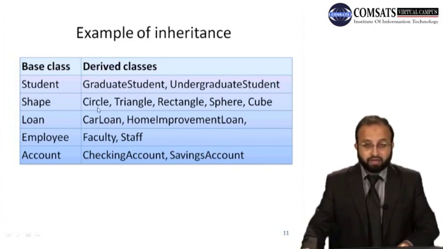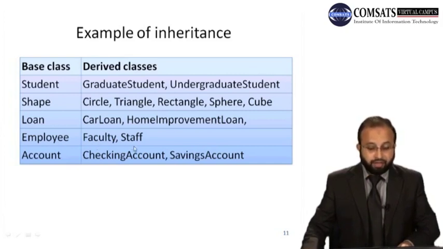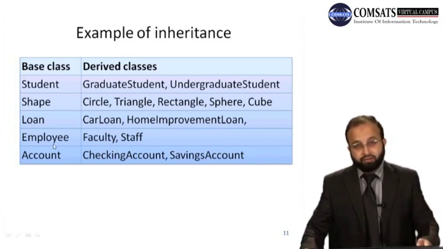and we can derive classes circle, triangle, rectangle, sphere, cubes from shape, right? Employee is a base class, and then derived classes are faculty and staff. So faculty भी एक class हो सकती है, staff भी एक class हो सकता है. They are both derived from the employee class. Employee के कुछ basic attributes होते हैं.